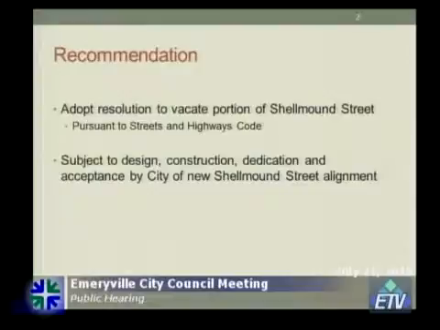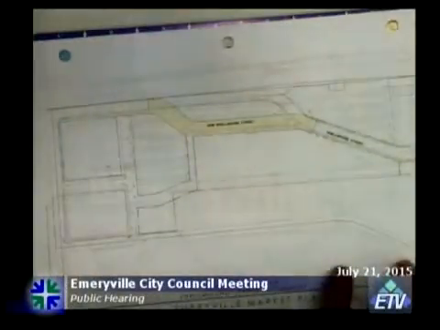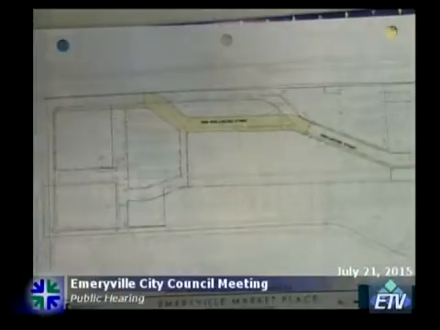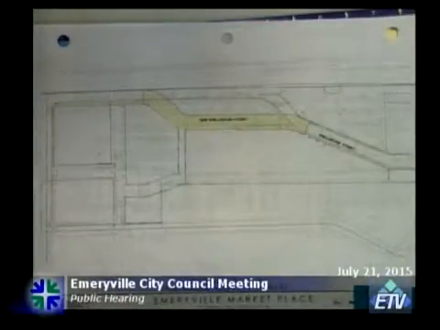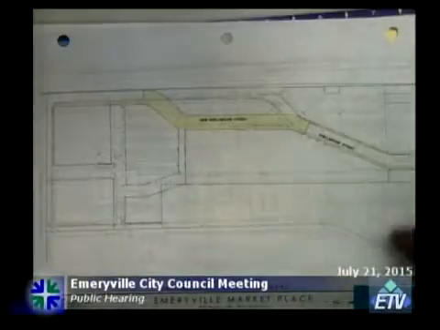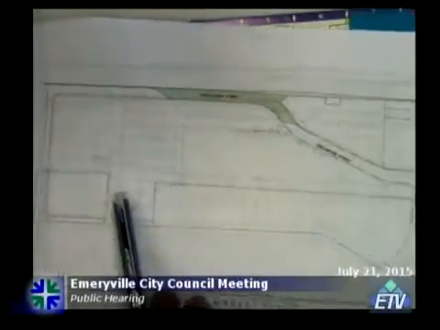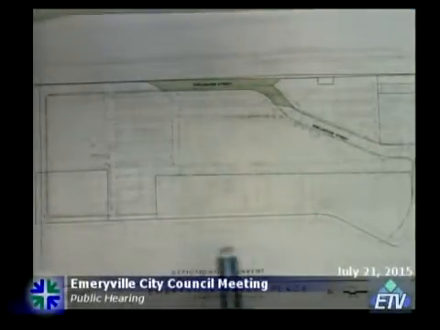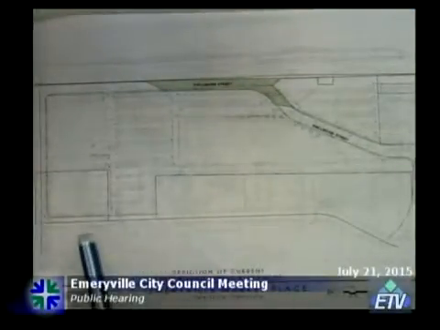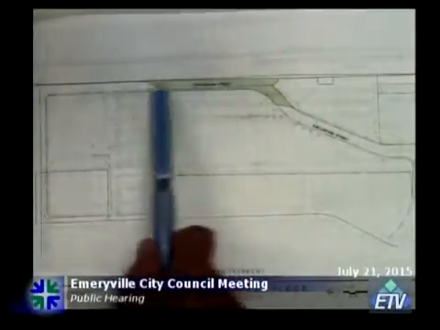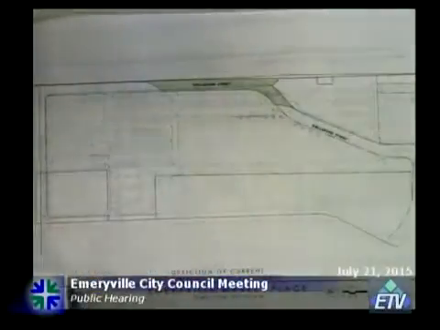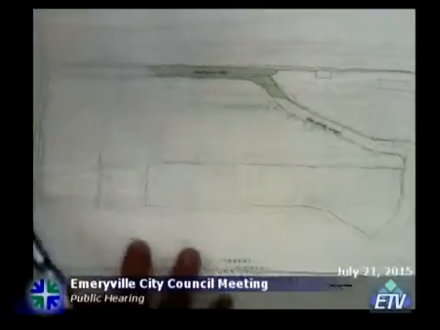What I'll do is briefly toggle back here and show you the portion of Shellmound Street that we're talking about. So here, this shows the current alignment of Shellmound Street. These are the railroad tracks at the top of the page here, and north is this way.